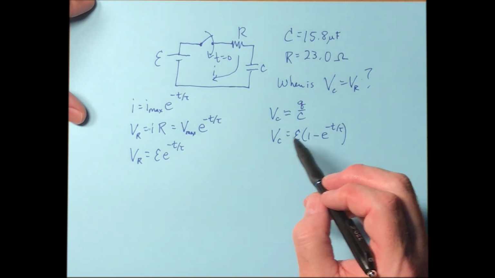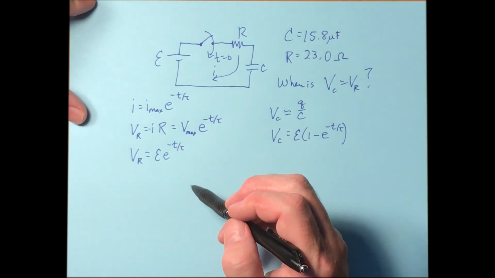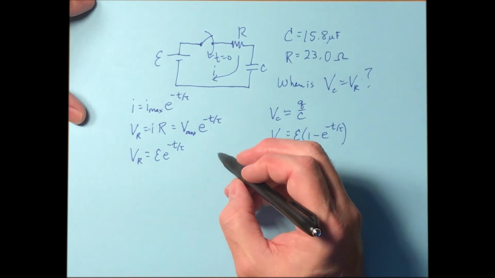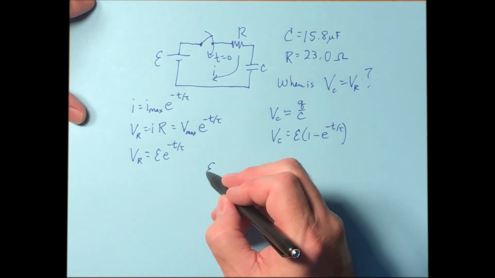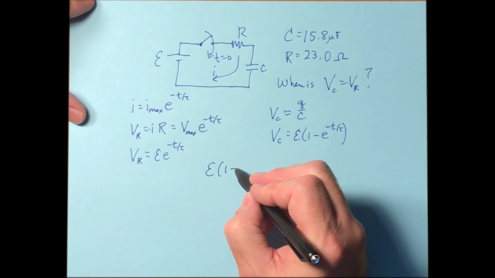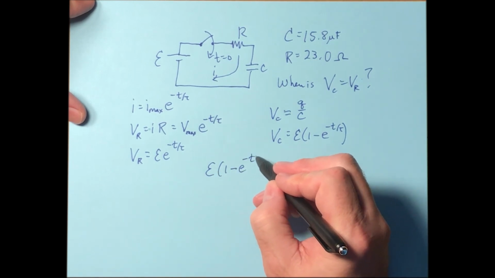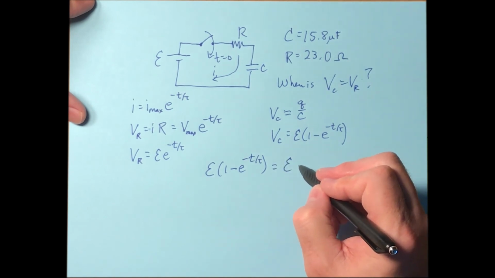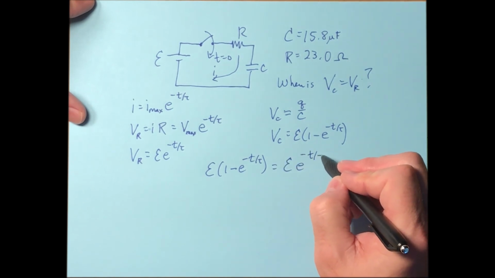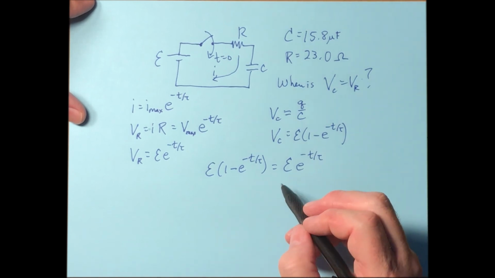The question is, at what time t are those two things equal to each other? So let's set them equal. I want this side equal to that side, so I'll just write it this way: E times 1 minus e to the negative t over tau is equal to E times e to the negative t over tau. There's the equation.